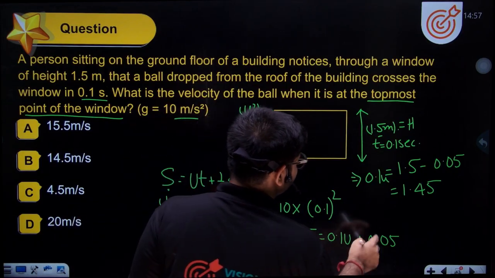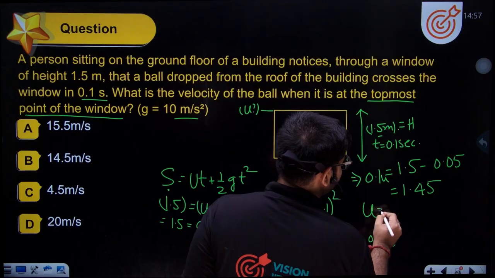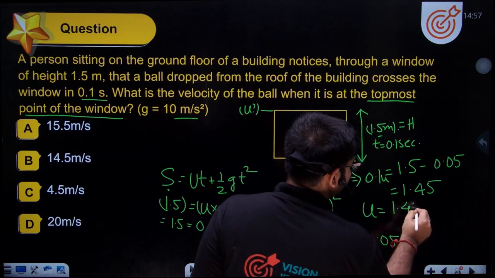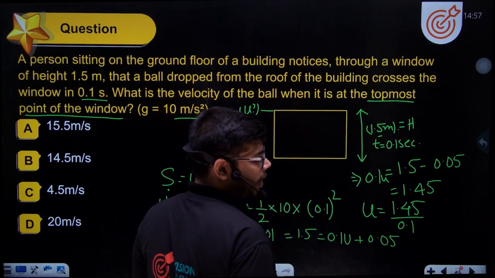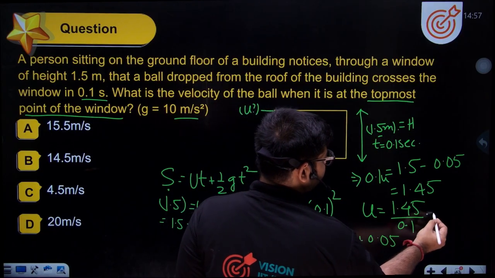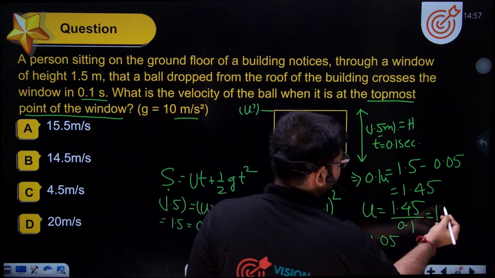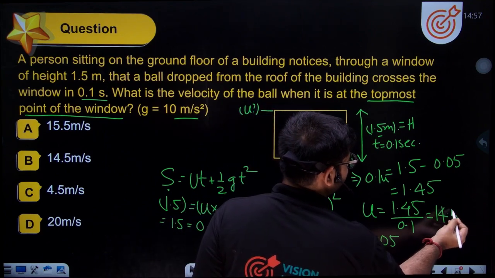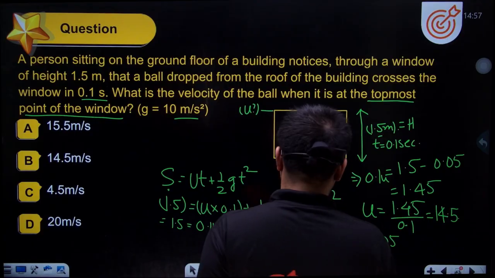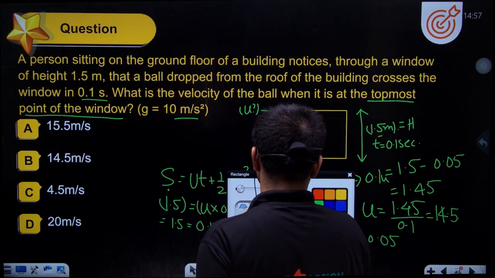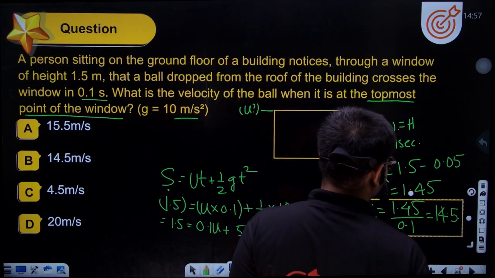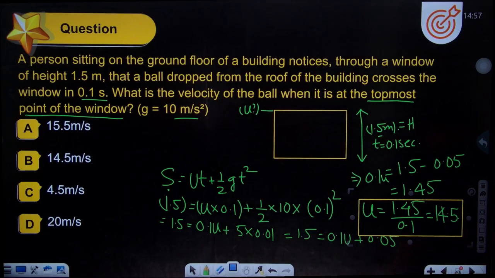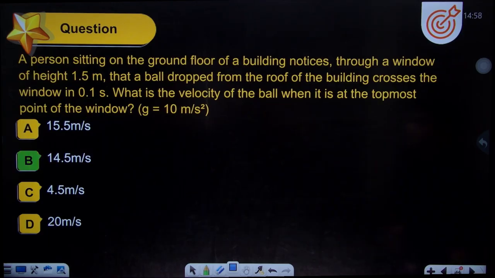So the u value you will get is 1.45 divided by 0.1, that means 14.5. The value of u you are getting is 14.5. So your option is B.